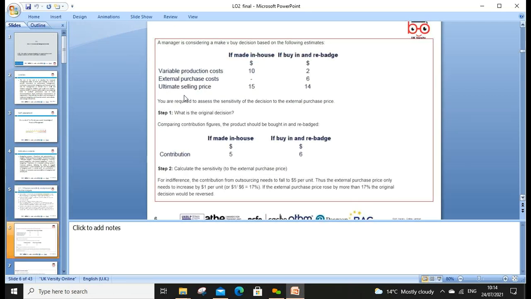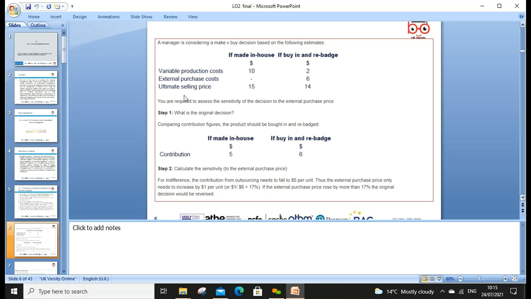Okay, if we look here, the manager is considering whether to make in-house or to buy in a rebadged product. The variable cost and the selling price have been given. So 10 and 15 is the selling price. 15 minus 10, the contribution is 5. If we buy, 6 plus 2, 8, and we can sell at 14.